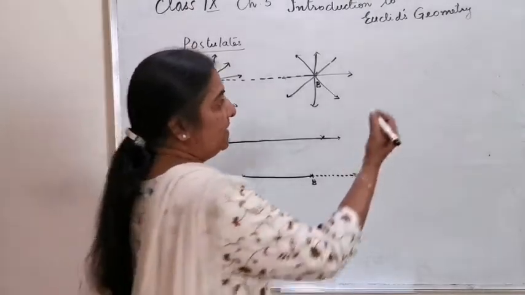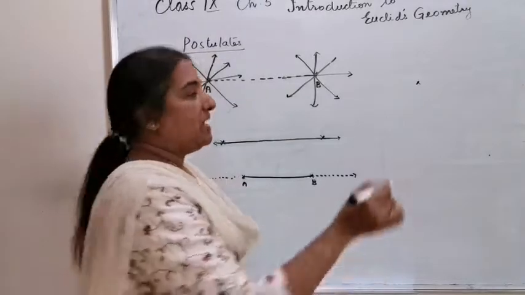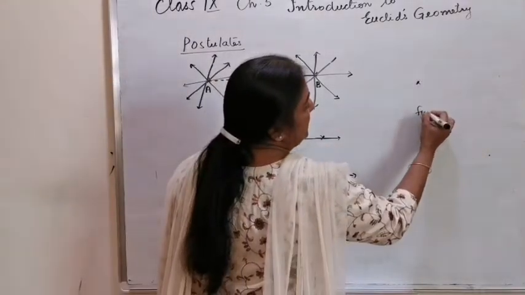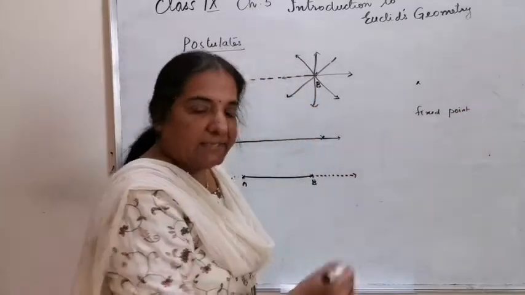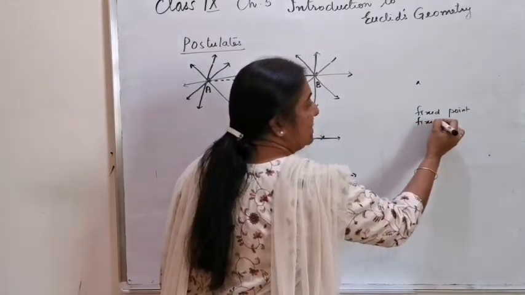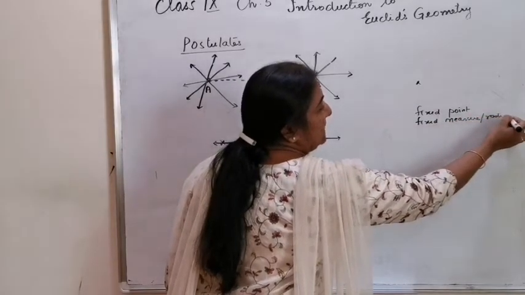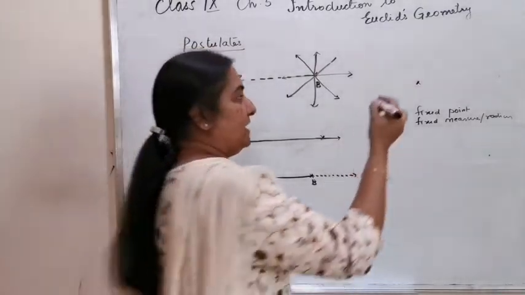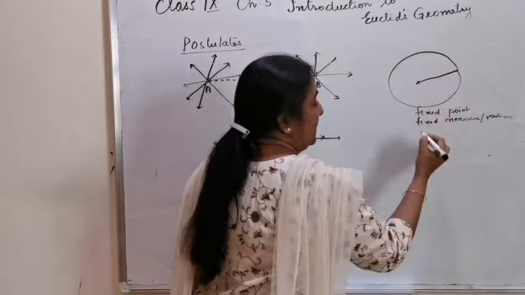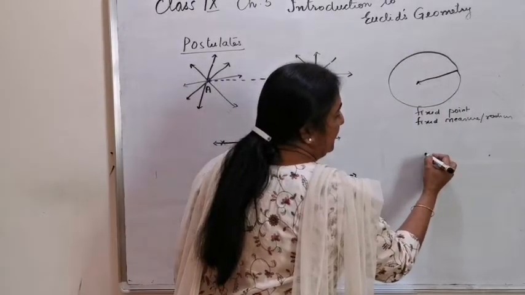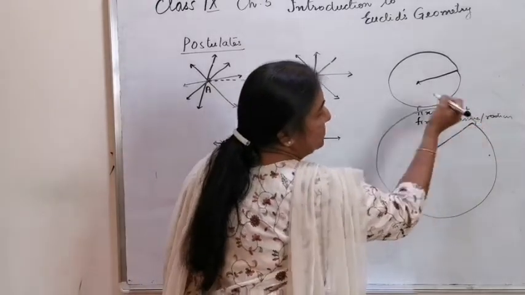That means if you fix a point and you take a fixed distance, if there is a fixed point and a fixed measure, or radius we call it, we can draw a circle. This shows that with any center and any radius we can draw a circle.